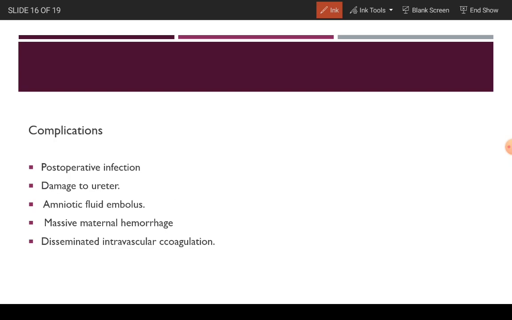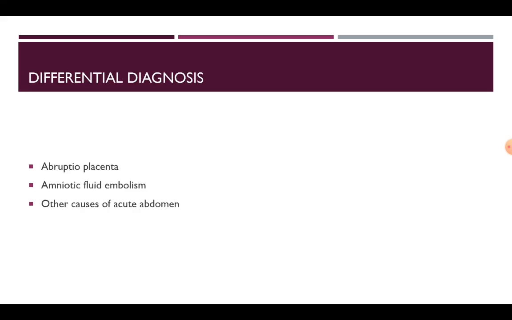And the complications: whatever catastrophe happens in the abdomen with the rupture, the nearby organs can be damaged, infection can occur, or it can be a very big hemorrhage, DIC, or amniotic fluid embolus.